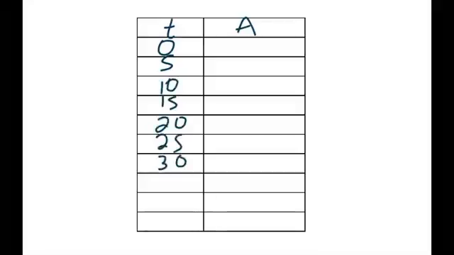Okay, we want to fill the table so that we can graph it. This will be T and this will be capital A. I'm going to give you these numbers: 0, 5, 10, 15, 20, 25, 30. I got those from the x-axis, looking at what I had there. So go ahead and find out what those values are and then graph it.